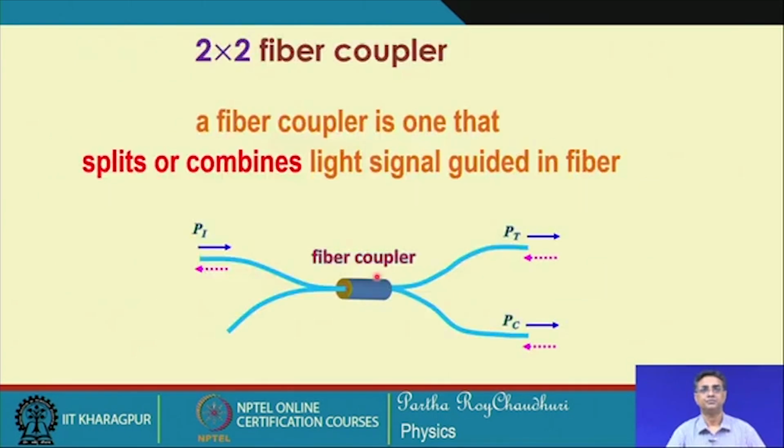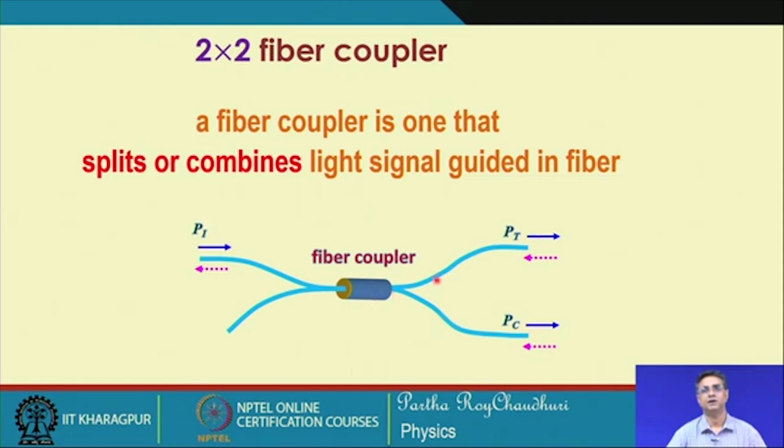So, first let us see what a fiber coupler is. A fiber coupler is one that splits or combines light signals guided in the fiber. Like a beam splitter, if you have an optical beam, a light which is injected here, then this light will be split into two parts: a part will be travelling in this fiber, the other part will be travelling in this fiber.